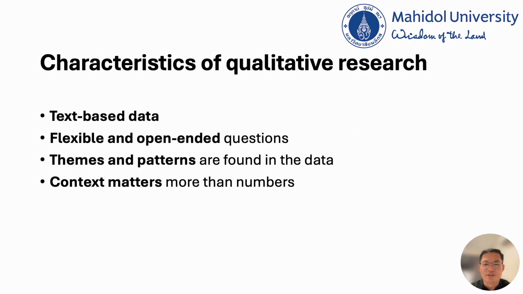Key characteristics of qualitative research include: it uses text-based data, such as transcripts, field notes, or open-ended responses. The research design is often flexible, allowing changes in questions or focus as the study progresses.